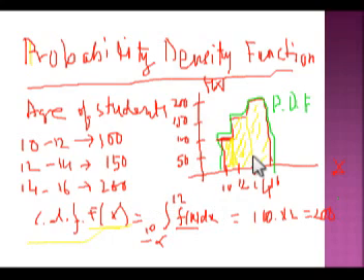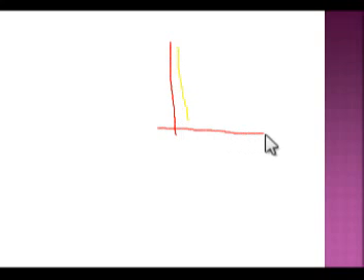So I'm giving another example to make it clearly understood. The probability density function can be a straight line in this way.